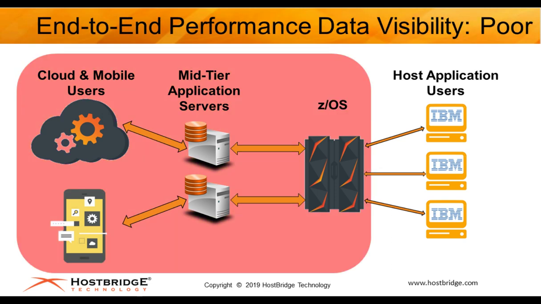Where the problem comes in is right there. What if those middle-tier servers are now driving work over to z/OS, and specifically to CICS, and we want to figure out who or what is driving this workload? Where is it coming from? What are the activities that are occurring?